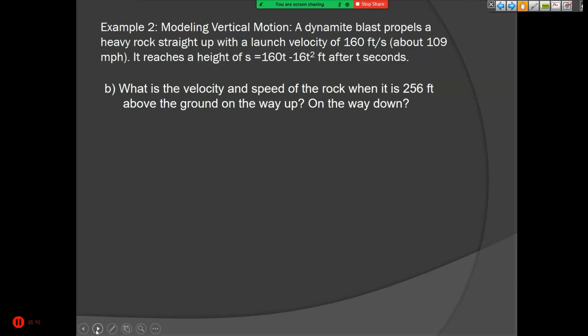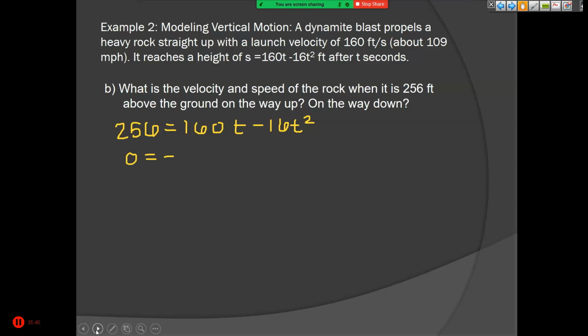So it would hit 256 feet twice because it has to cross it once to go up, then once to go down. So you would set the position function equal to 256, work backwards. So we would set that equal to 0.